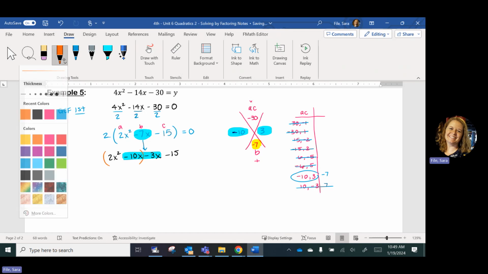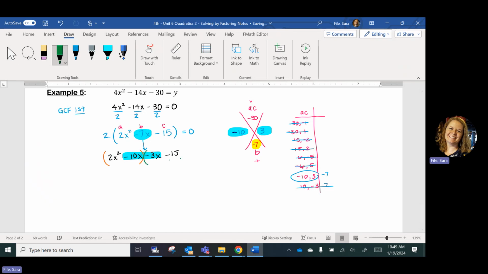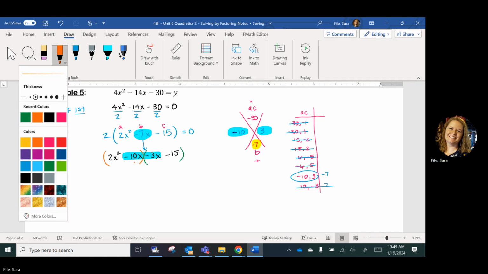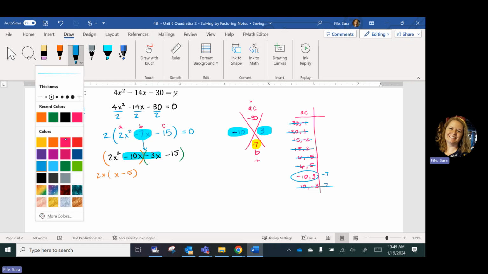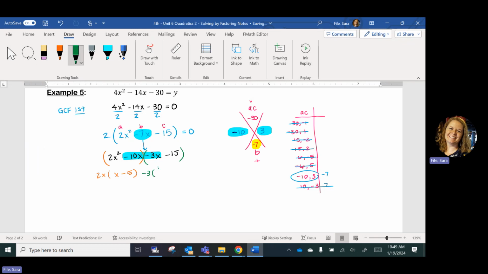First 2 terms together, second 2 terms together. So GCF here would be 2x, and that would leave me with x minus 5. GCF here would be negative 3, and that would leave me with x. If I divide out a negative though, that's going to leave me with x plus 5.